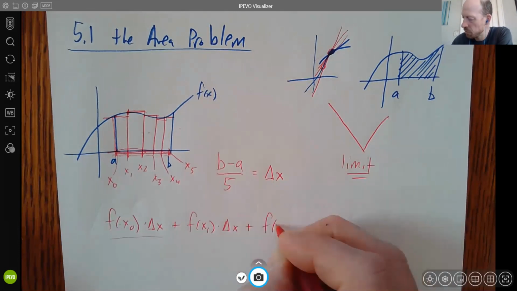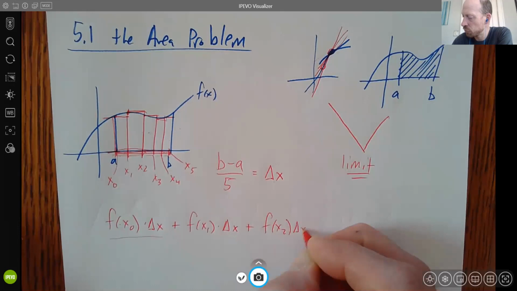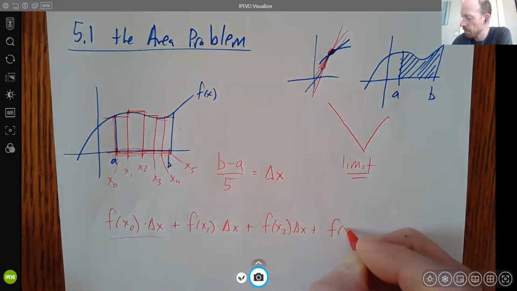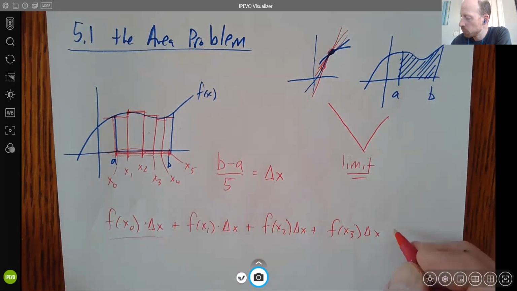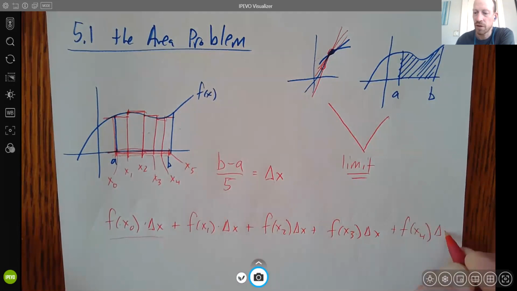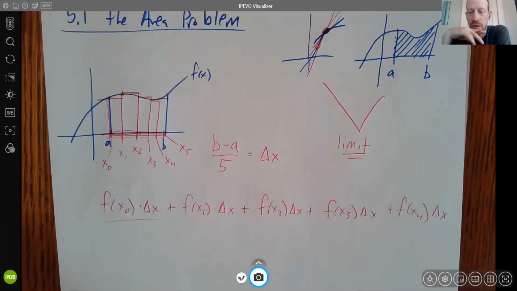And I just keep going, right? I want 5 total rectangles. 4, so one more, f of x sub 4 times delta x. And if I add all of those together, what I get is an approximation for the area.